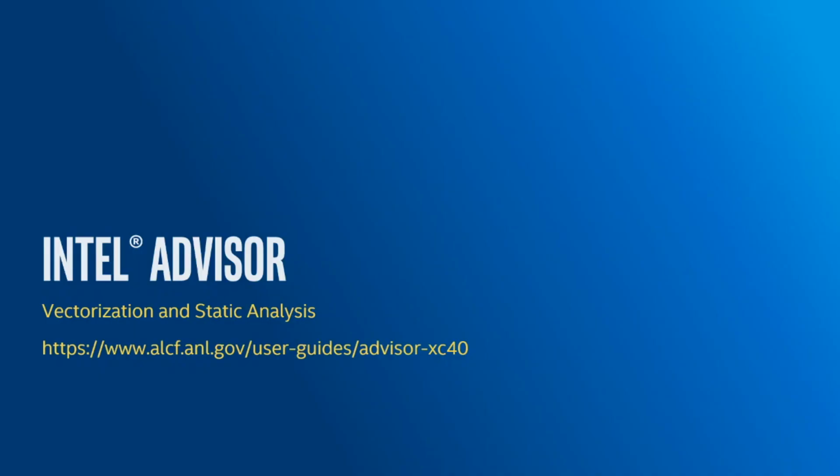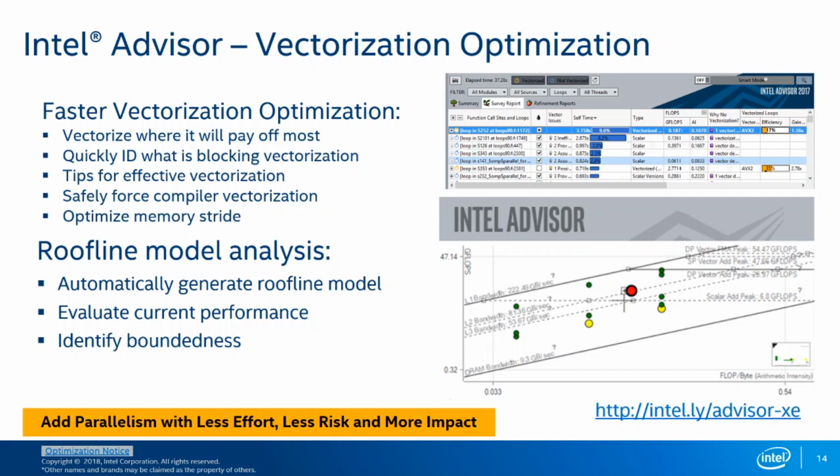The first dedicated performance tool that I will be talking about is Intel Advisor. ALCF has a guide for how to use Advisor on Theta, so if you just follow this link, you can get some additional information. Intel Advisor is primarily a vectorization optimization tool.